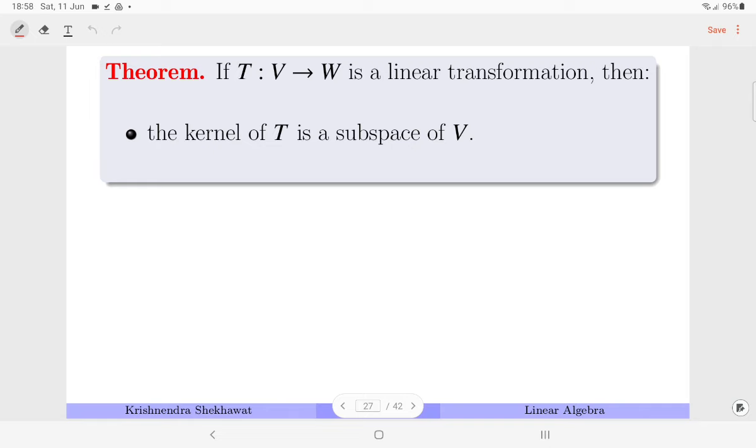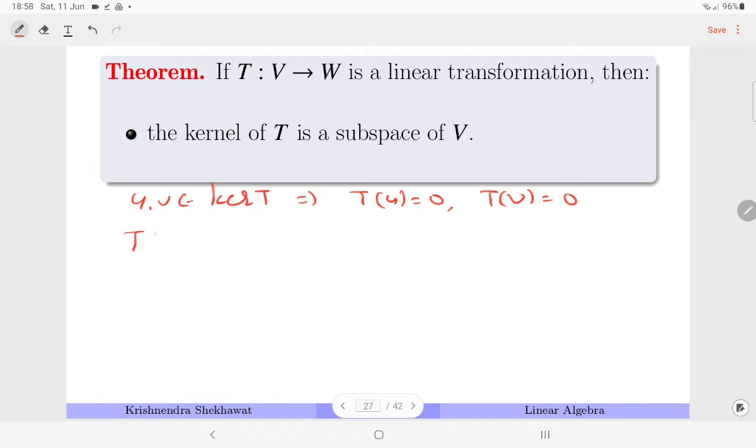Now kernel T is a subspace of V. Please do try to solve it by yourself. It is not difficult. So to solve it, let us say that u and v belong to kernel T. I have to show that u plus v and ku belong to kernel T. It means T of u is equal to 0, T of v is equal to 0 vector.